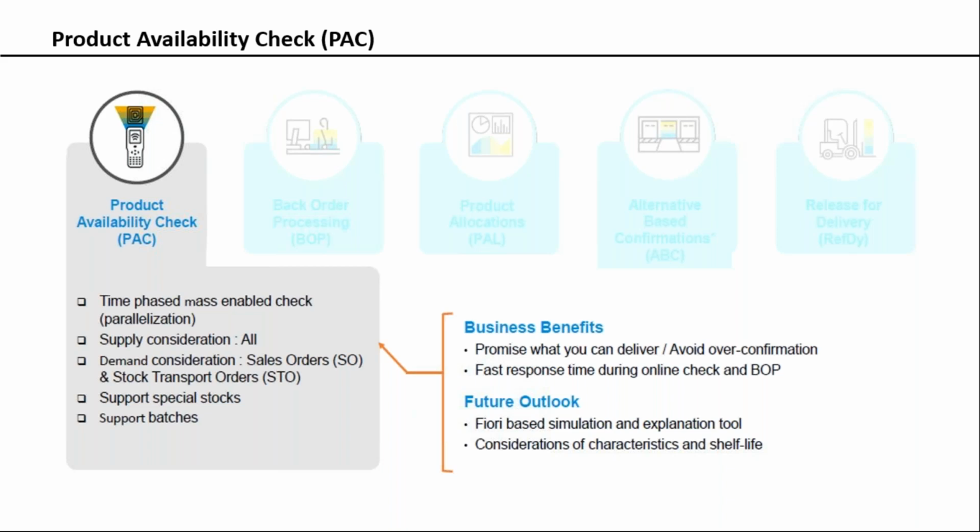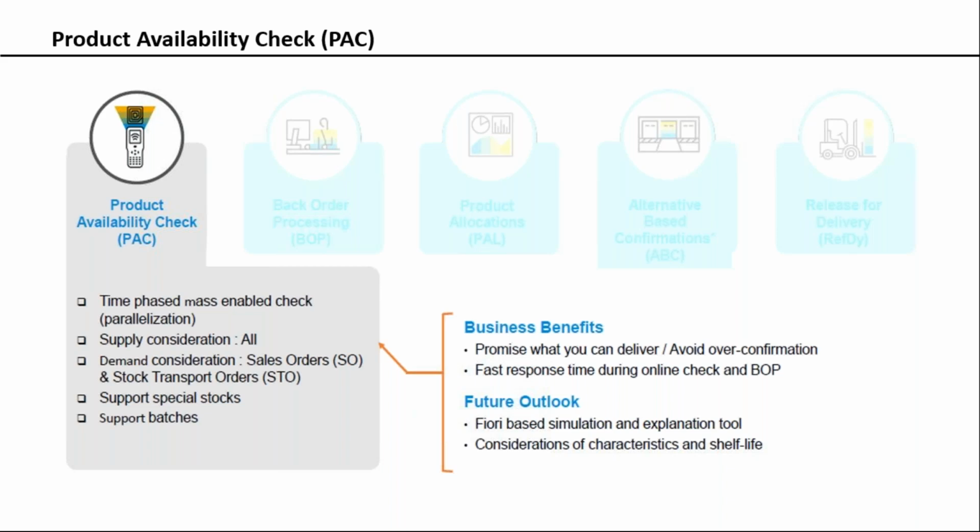The ATP check can be carried out in both sales orders as well as stock transport orders, and it also supports special stocks like consignment, along with batch management integration. Batch management is mandatory in most of the industries like CPG, food industries, and pharmaceuticals.